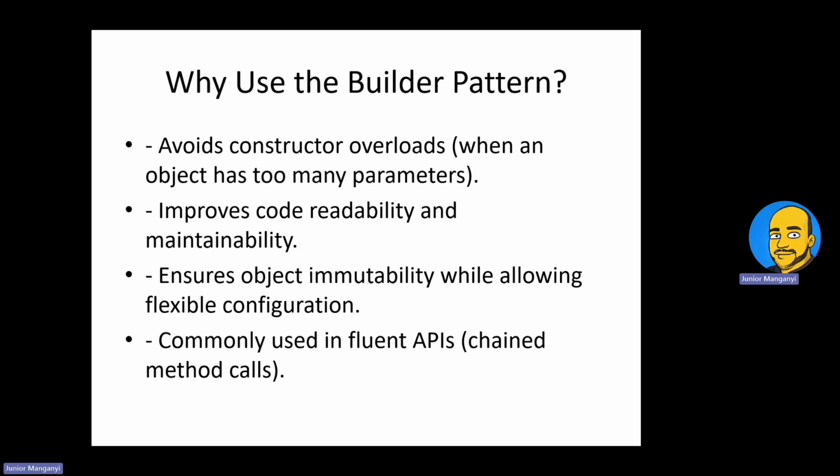So again, just to dial back, the builder pattern helps us keep objects immutable. Immutable, again, just means once an object is created, it cannot be changed. So the builder pattern will help us to ensure that once we create an object, it does remain fixed.